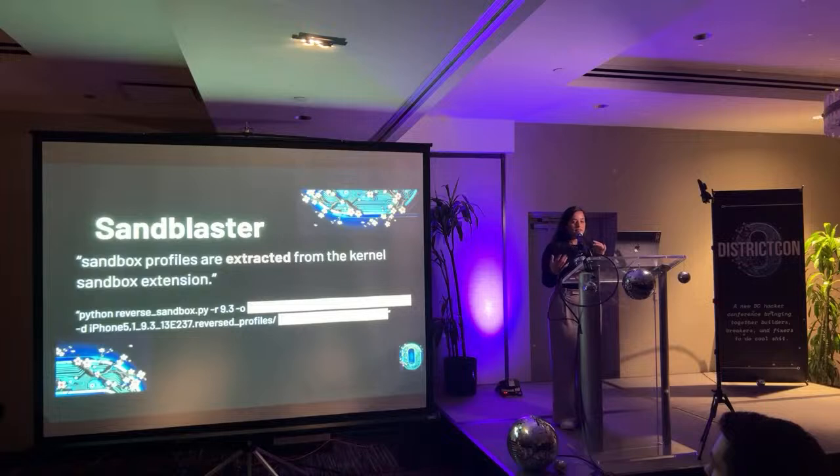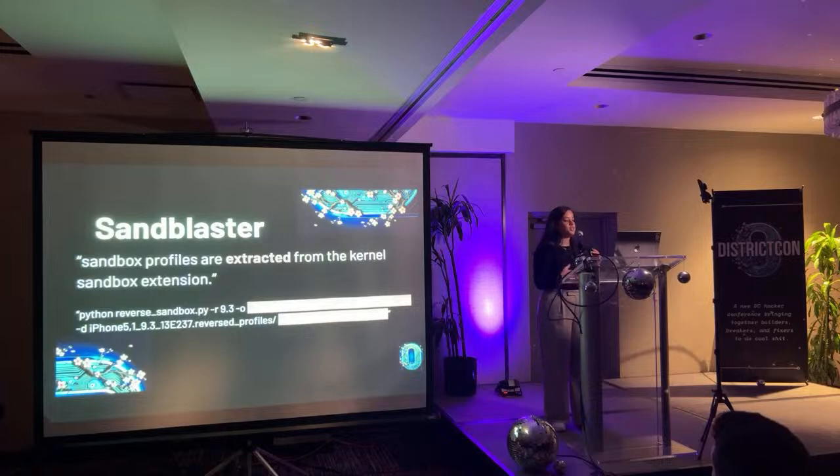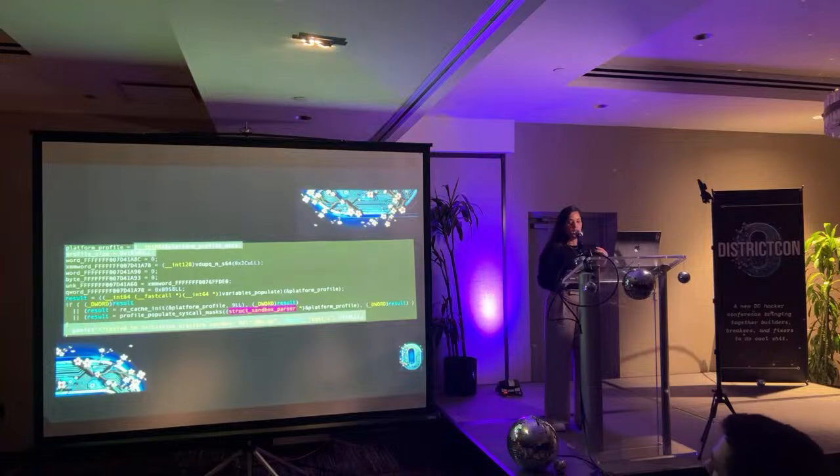So the profiles that I need to parse reside in the kernel Sandbox extension, and they are in a binary format. They get referenced from a function called hook policy init, which is a function that initializes the profiles. If we look at a part of this function, we can see a panic string that says fail to initialize platform profile.